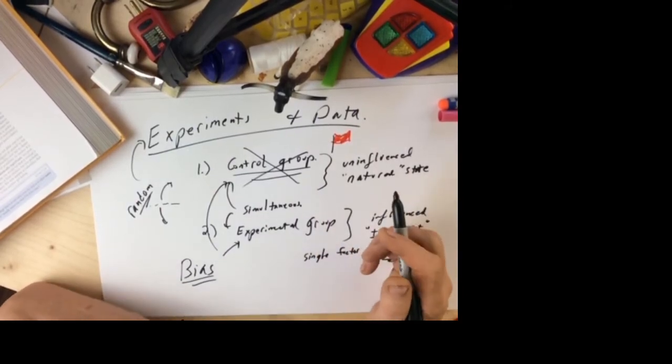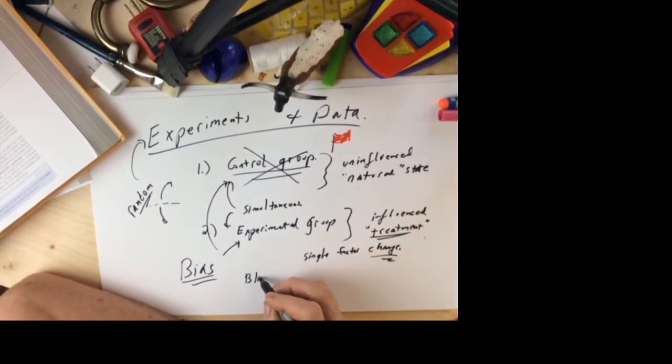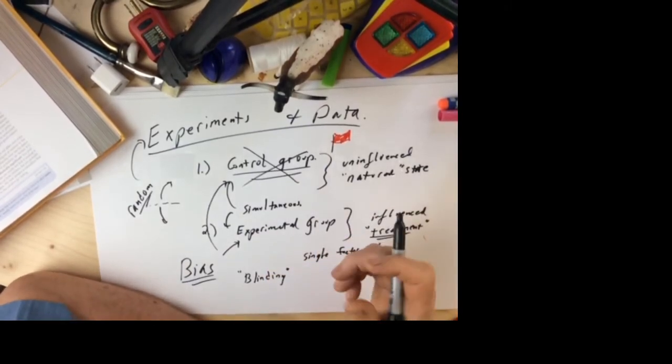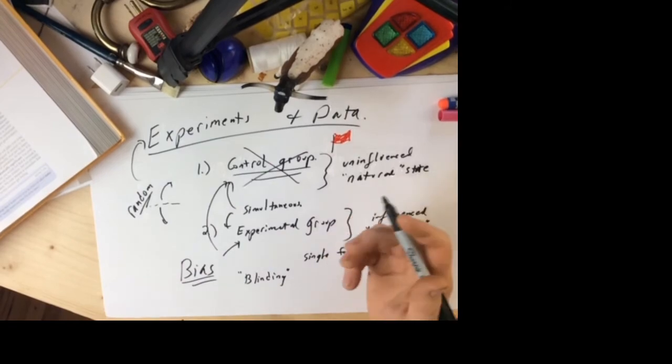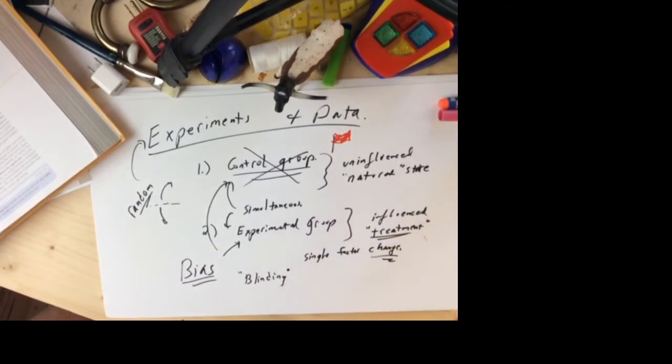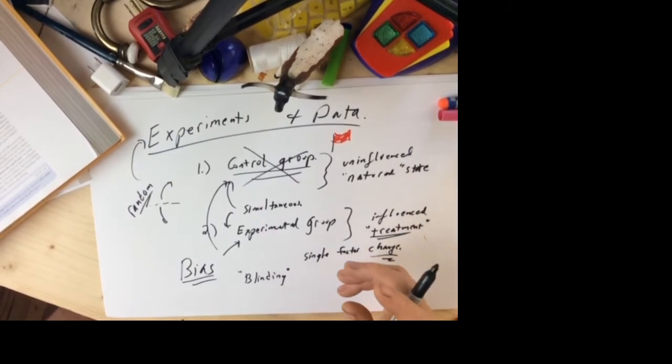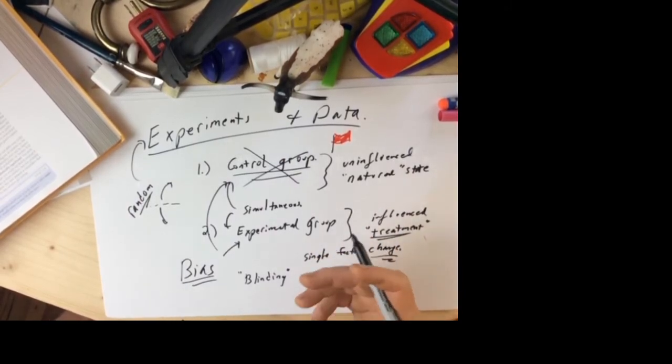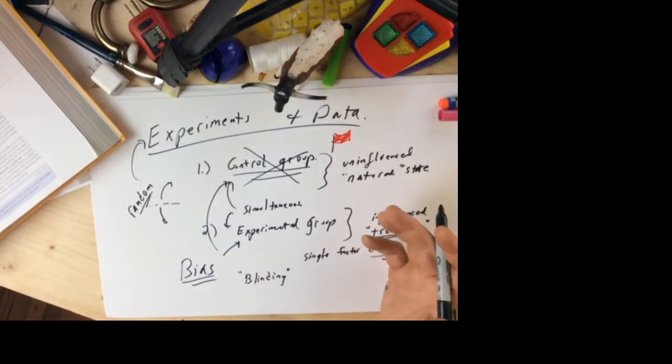Now what's typically done with this word blinding is when we do a medical experiment, I want to give you a treatment. Some people, when they're being treated, just because they're knowing they're being treated, actually their body reacts and their mind reacts and they feel better.